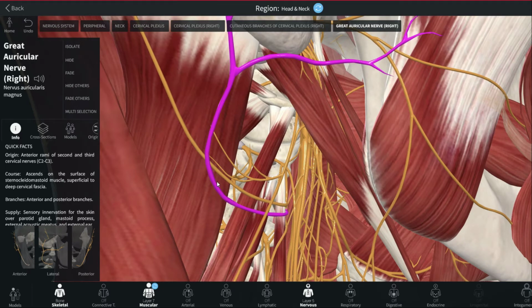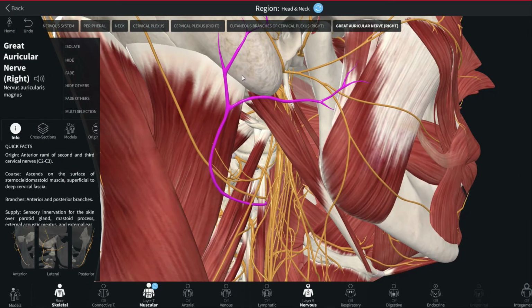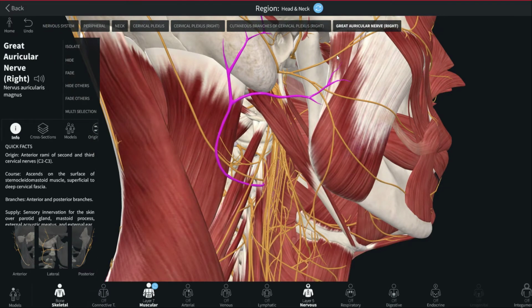And again it is ascending up. Now it is supplying the skin of the face over the angle of the mandible, although this is not really very prominent here, I'm just quoting the textbook. And the skin over the mastoid region, yeah, we can kind of vouch for that, skin over the mastoid region.